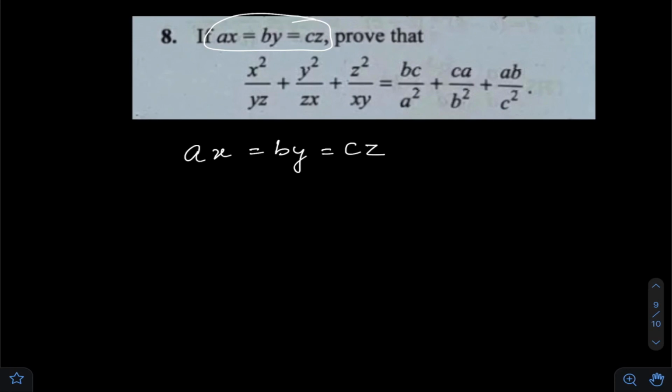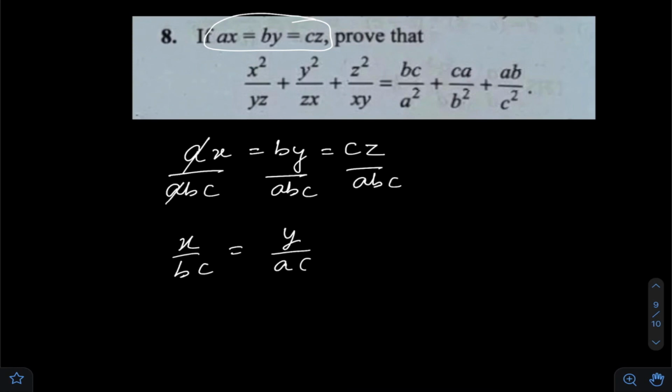You have to divide all the terms by abc, abc here, abc here, and abc here. And if you cancel, x upon bc, y upon ac, and z upon ab.